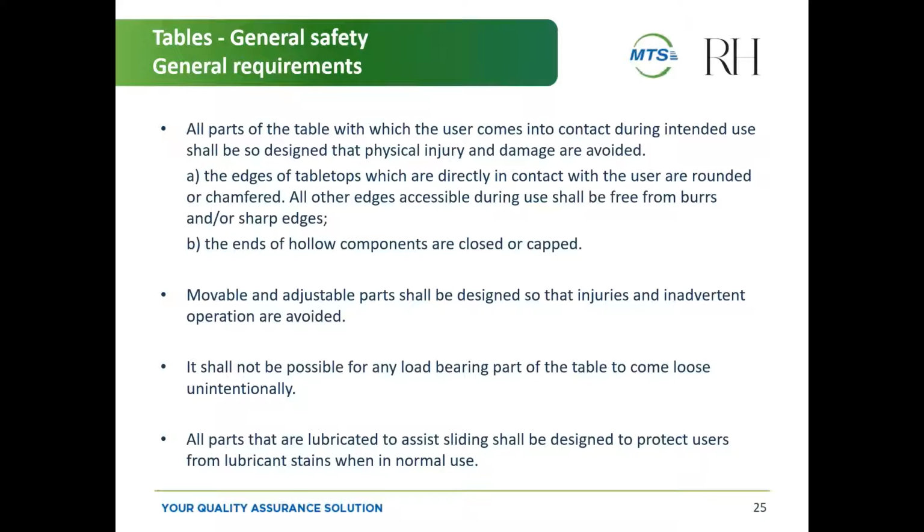All the movable and adjustable parts do need to be designed so that there are no injuries and no inadvertent operation while they're in use. And it also should not be possible for any load-bearing part to loosen up while under use. Anything that needs to be lubricated to assist sliding and such should be done in a way so that it does protect the user and their surroundings from any stains during normal use.